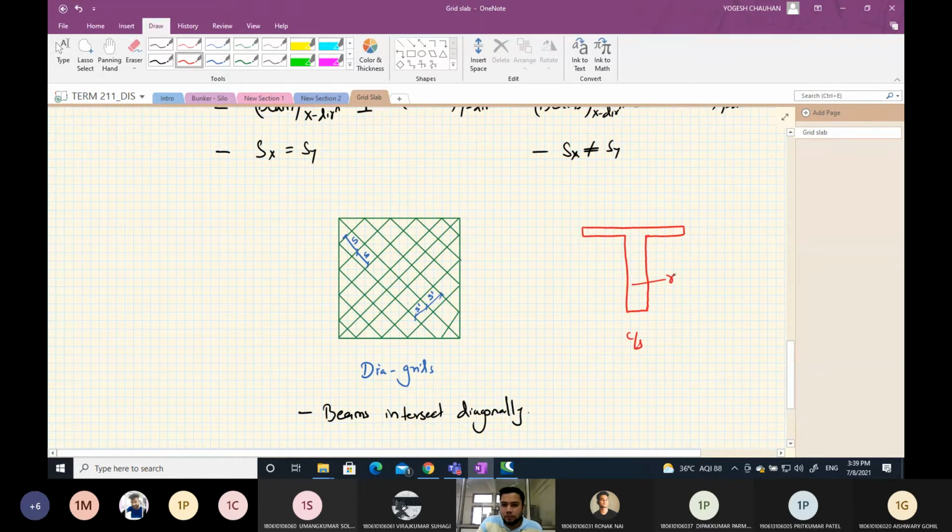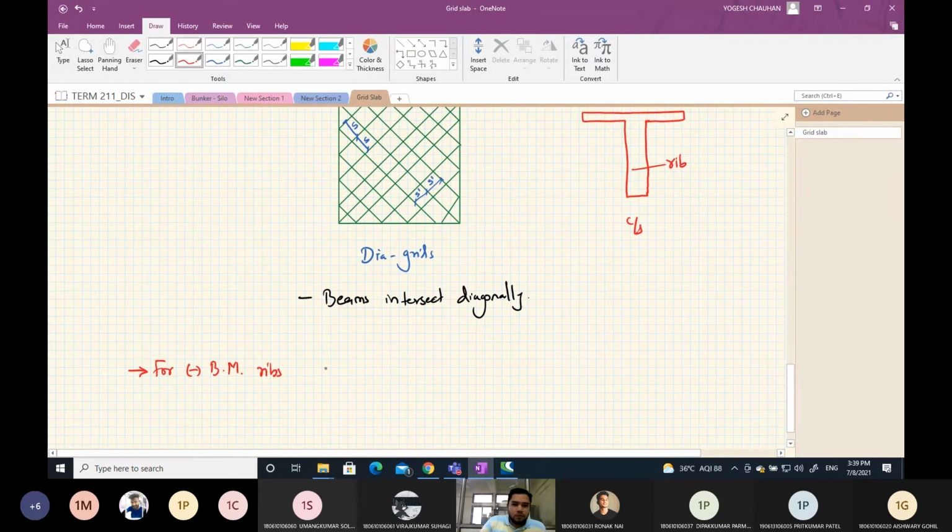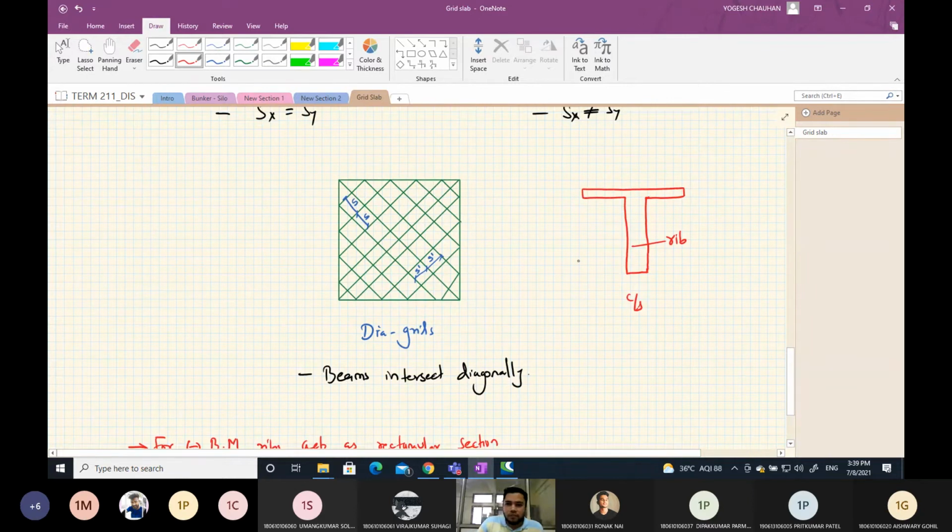This portion is called the rib. So for negative bending moment, the ribs act as a rectangular section, because for negative bending moment, tension will be at the top.